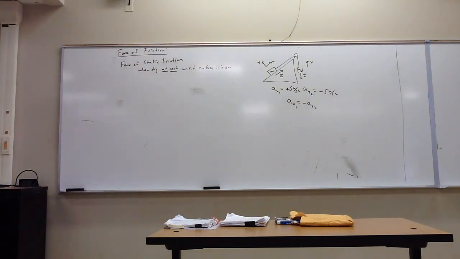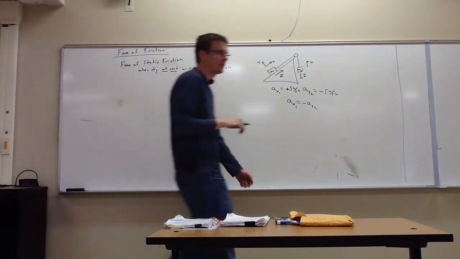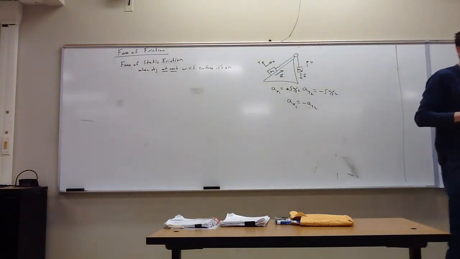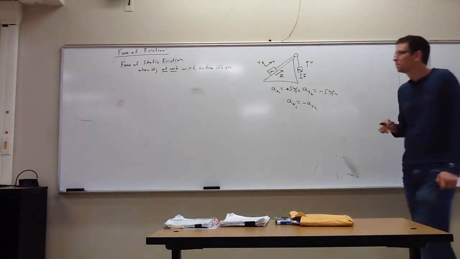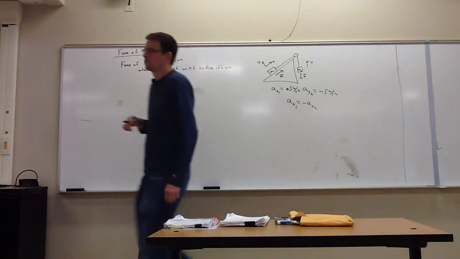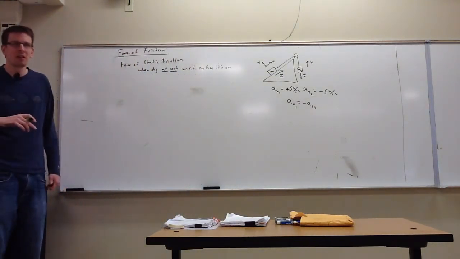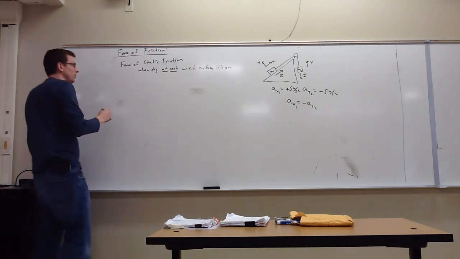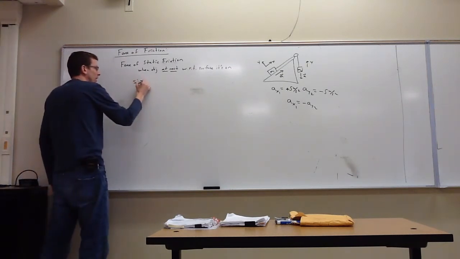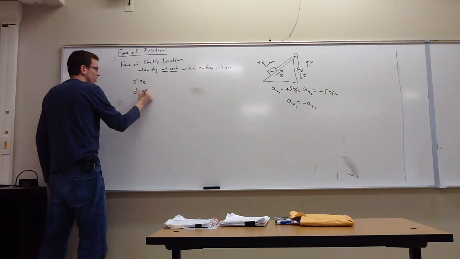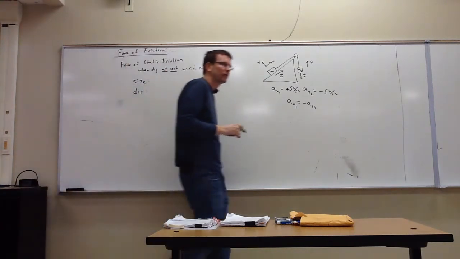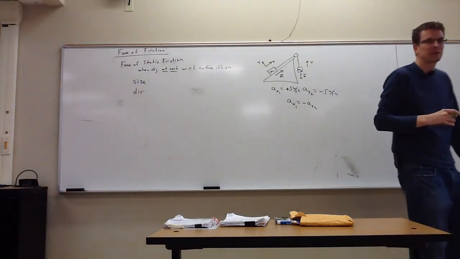By the way, if you don't know that abbreviation, WRT, it means with respect to, okay? So for that particular phenomenon in which friction acts, we need to talk about the size and direction. We need to come up with rules of thumb for how this might act.